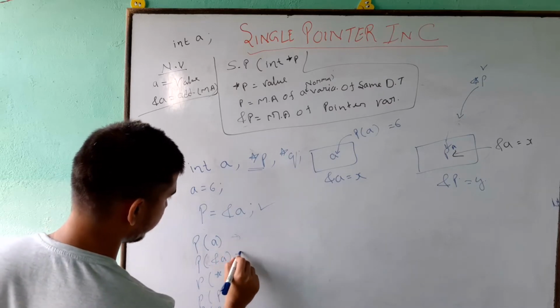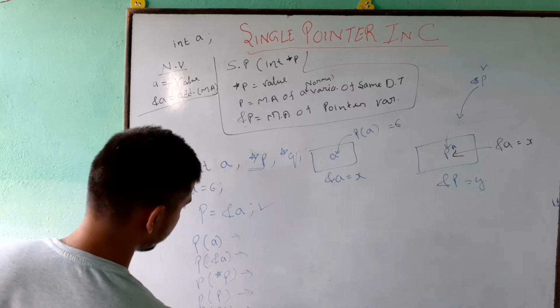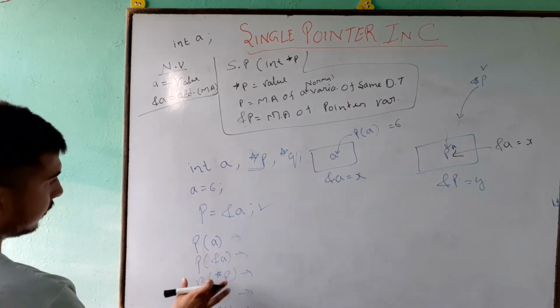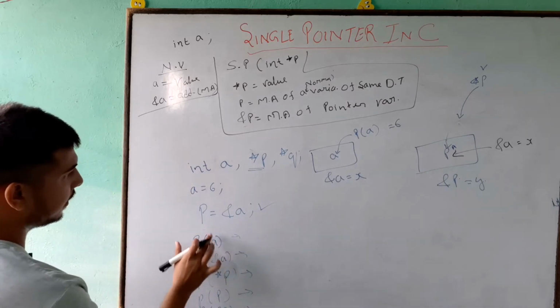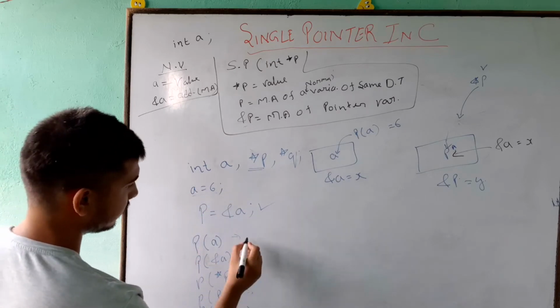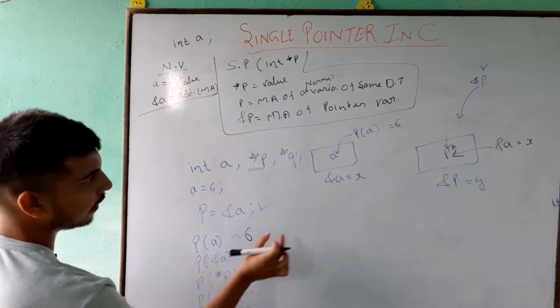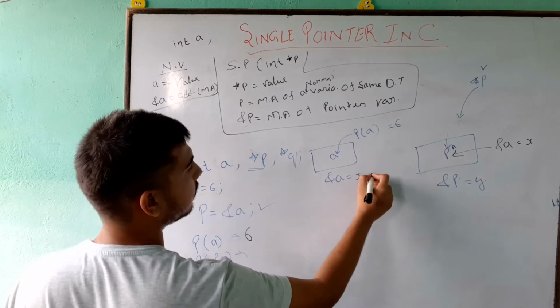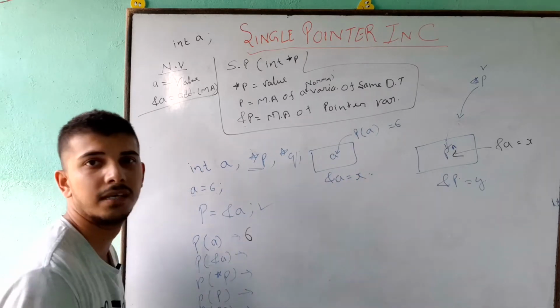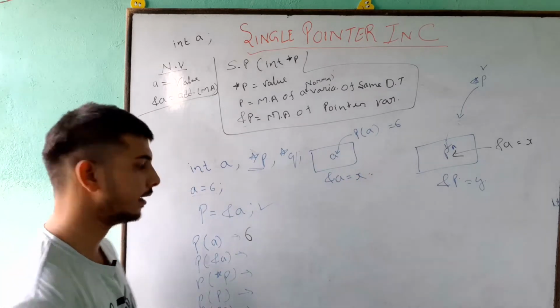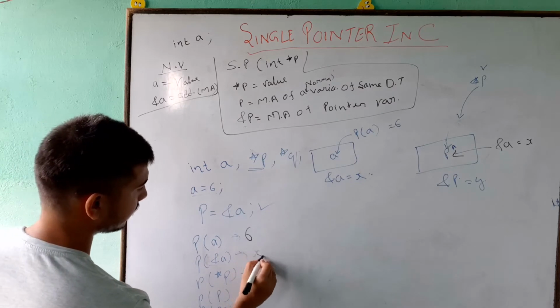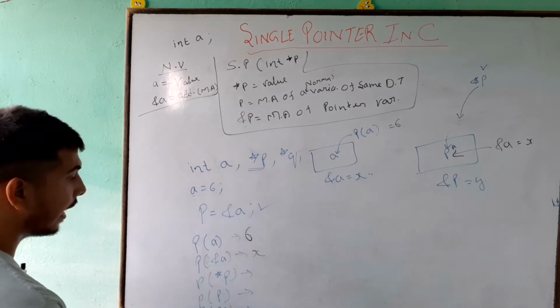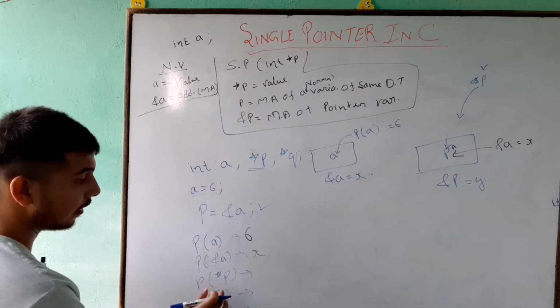Let's go through them one by one. printf of a is simple, 6. &a we had given as x. This will be any number or hexadecimal; it depends on how you are going to represent it, right? So let's say this is x. Now *p.